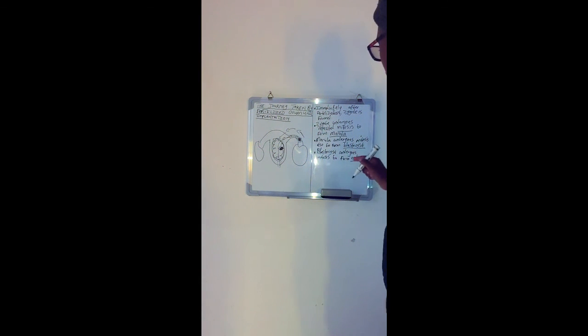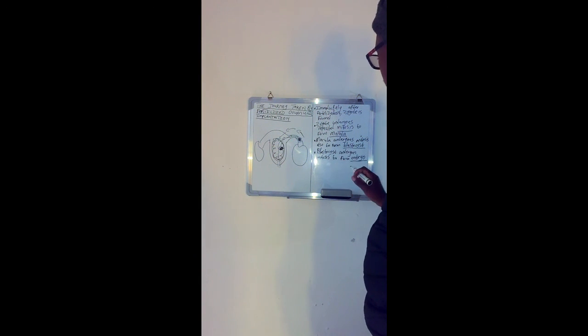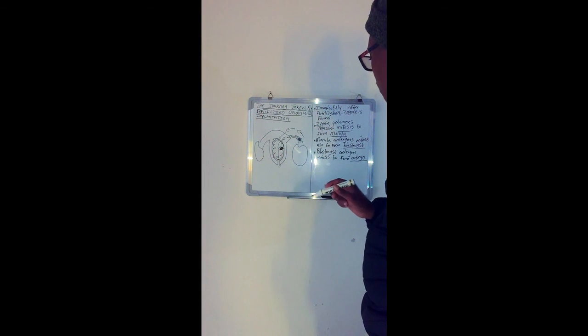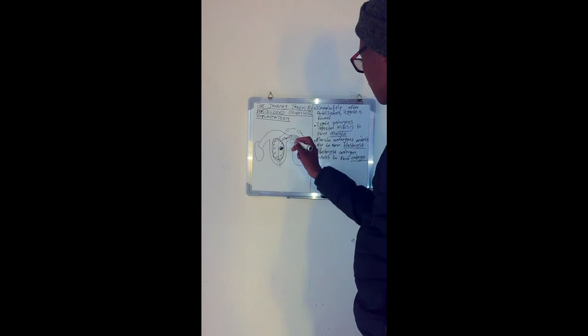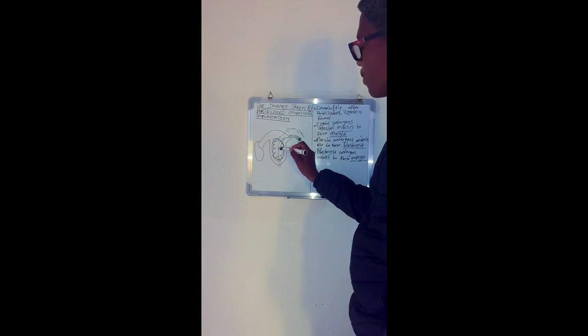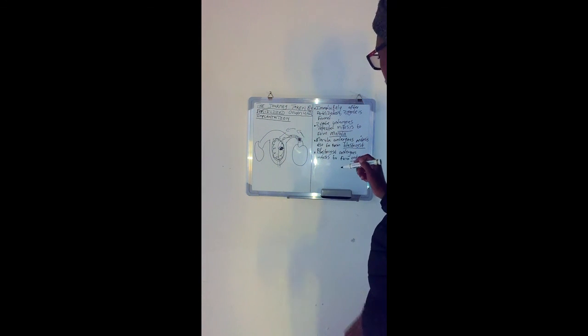So blastocyst is also going to undergo mitosis to form an embryo. But before the blastocyst can become an embryo, implantation happens, whereby the blastocyst becomes implanted or attached to the thick endometrium, thereby becoming an embryo.